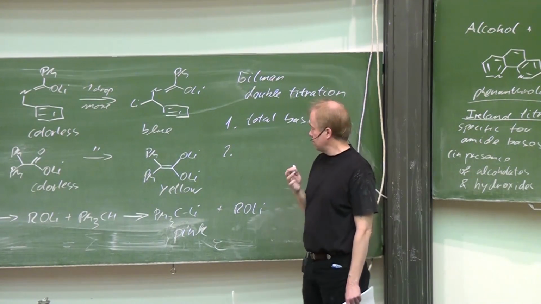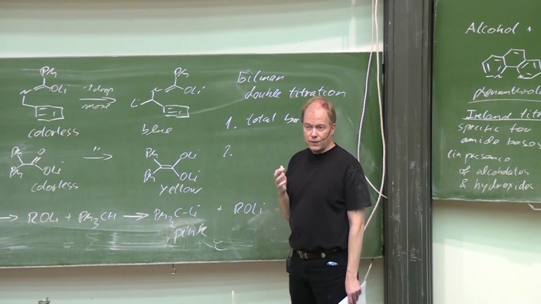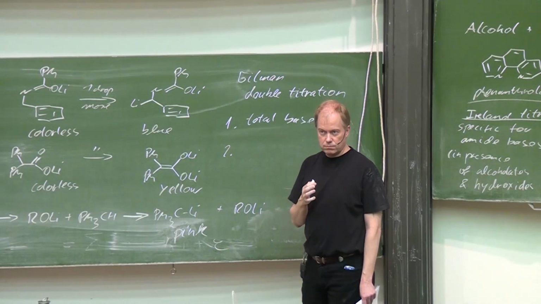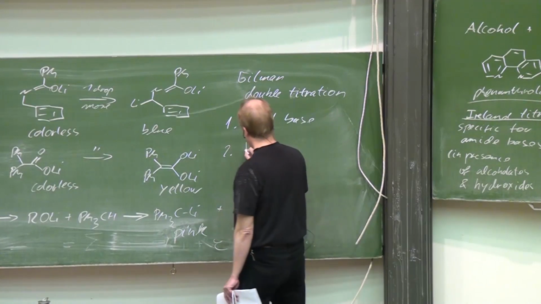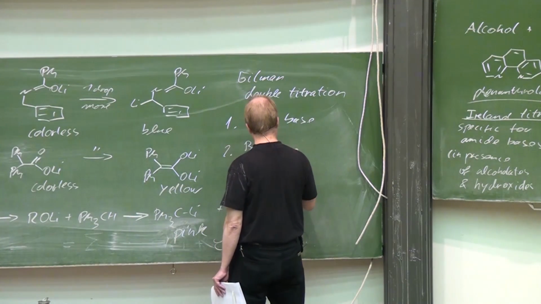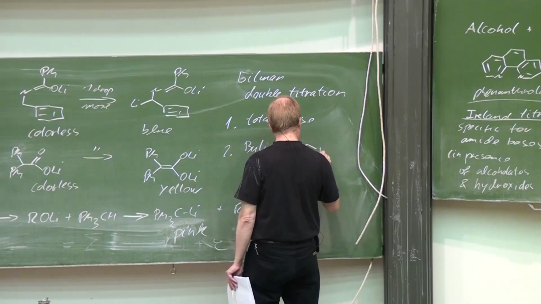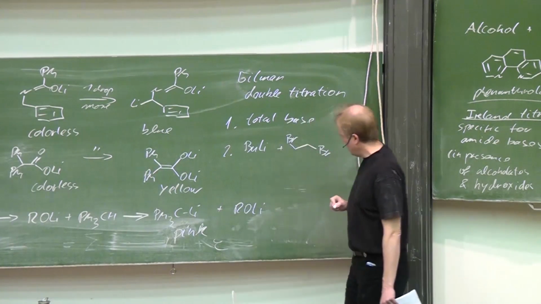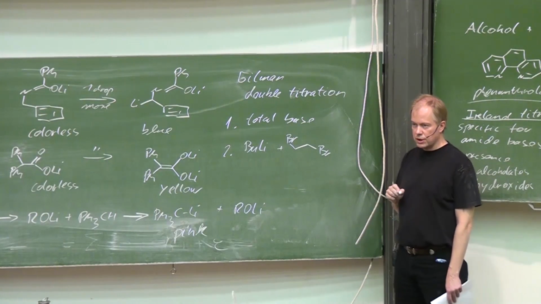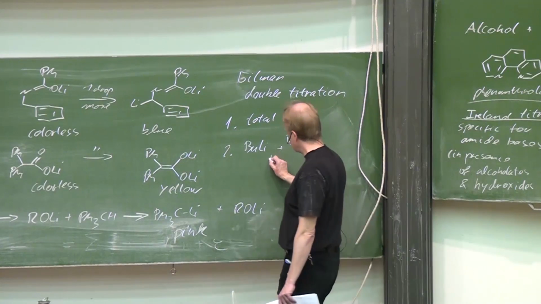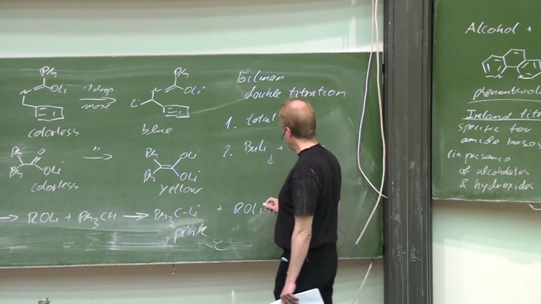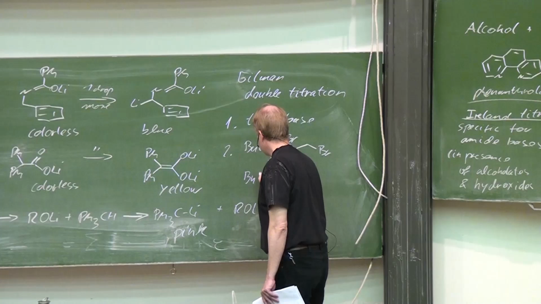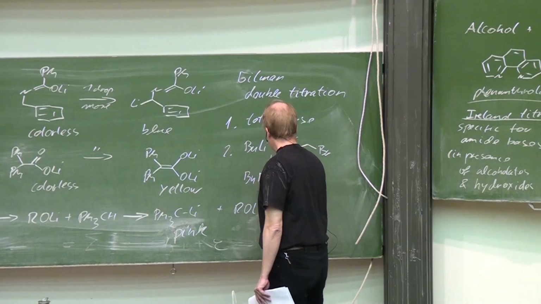Secondly, you treat that butyllithium with an excess of 1,2-dibromoethane. What will happen? Monolithiation, forming butyl bromide.